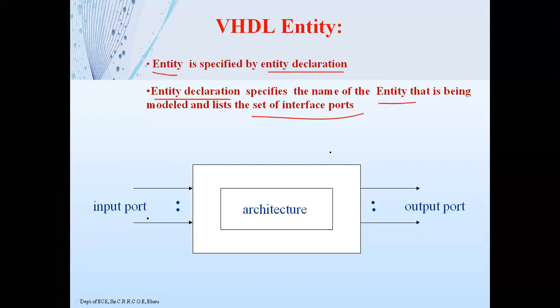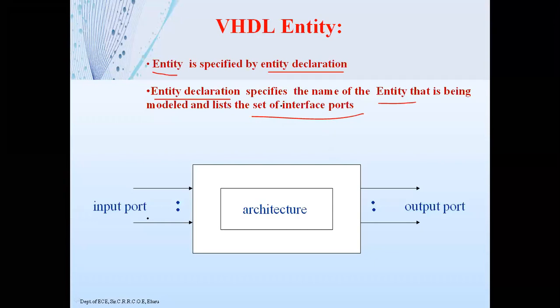So the entity declaration specifies two things. One is the name of the entity, that is, the device which is going to be modeled. The name of that model is specified by the entity declaration, and the entity declaration will also specify the set of input and output ports.